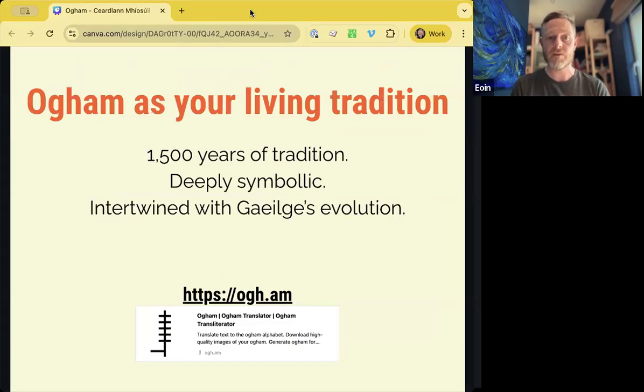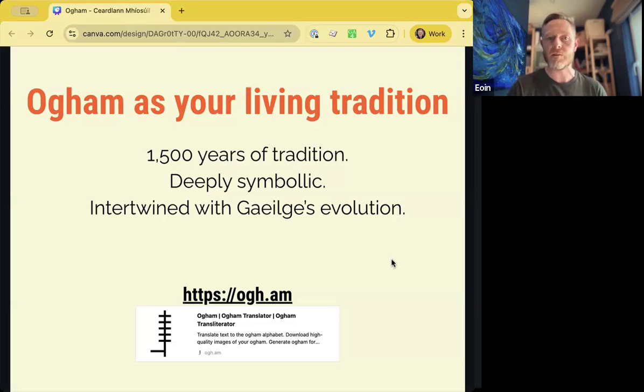So I'm going to finish here, and I want 3 minutes, maybe 5 minutes after I finish this site, ogh.am. It's a really nice little tool where you can type in letters, your name, whatever. And I would say that Ogham is a living tradition. Like the monks claimed it centuries after it started to be used, for example, in burial plots. It's deeply symbolic.